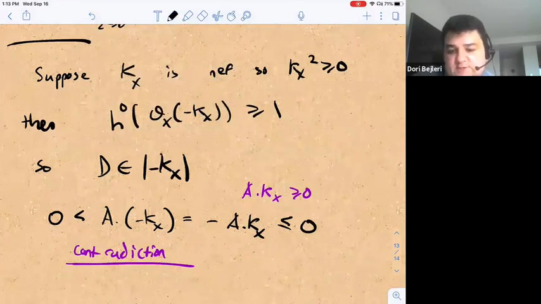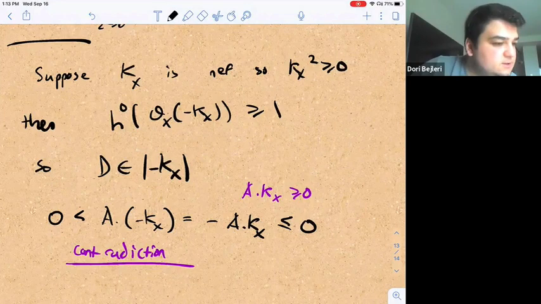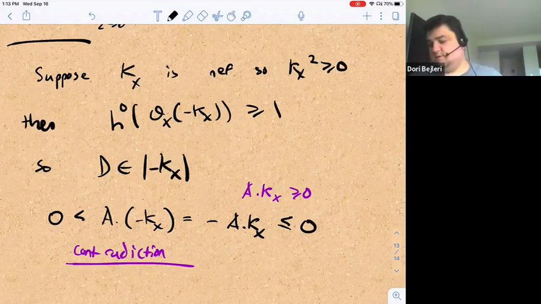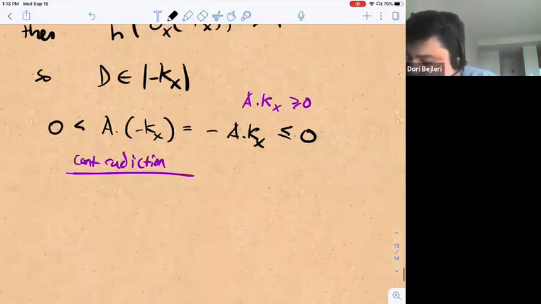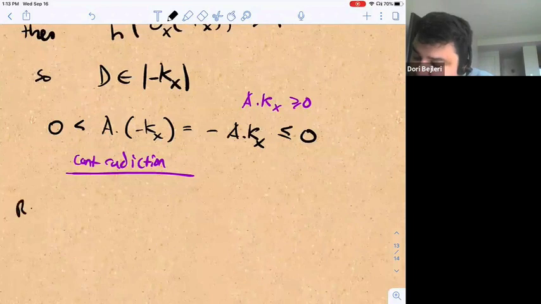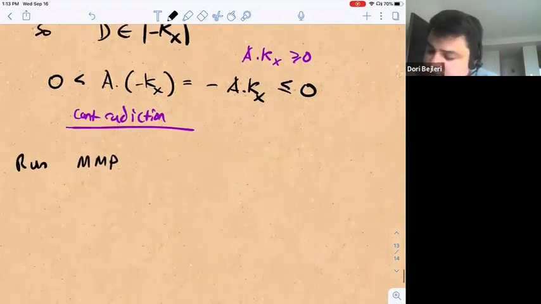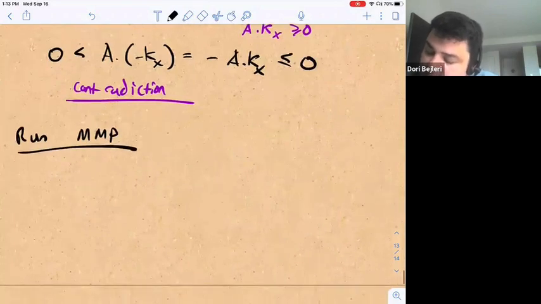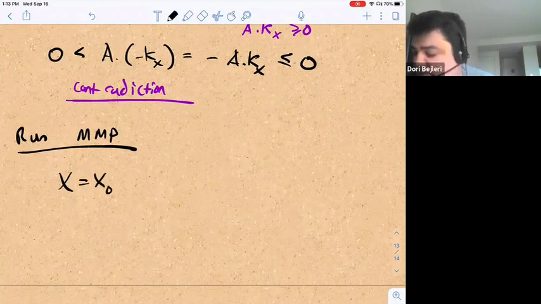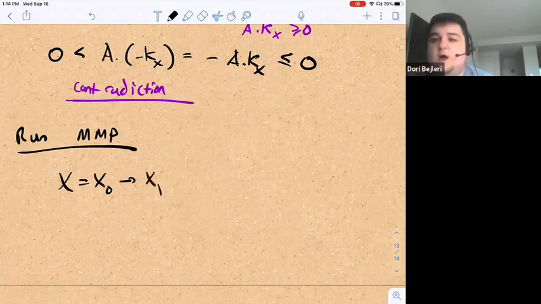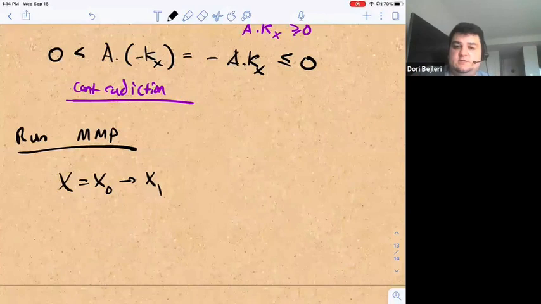I think I should just barely be able to finish. So now that we know KX isn't nef, now we run MMP, i.e. we produce these birational contractions. So we start off with X. We know we can find some contraction or some -1 curve. If we contract it, we know that we still get a smooth surface. So by birational invariance, these numbers are still the same.